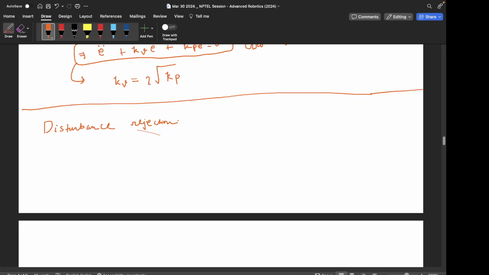Now, in the same error dynamics equation that we wrote above, e double dot plus kv e dot plus kp e, we have now a disturbance, an external disturbance.